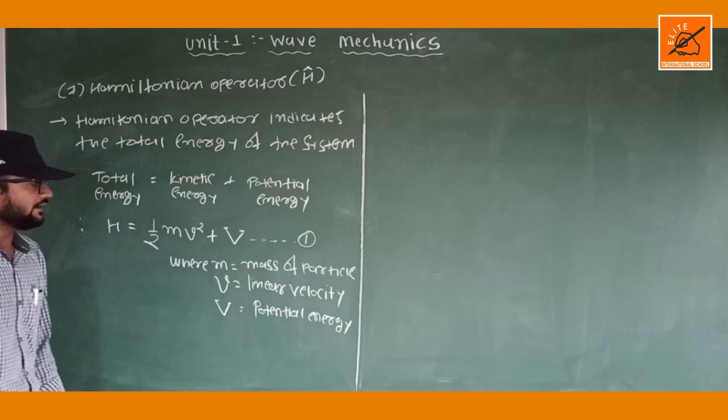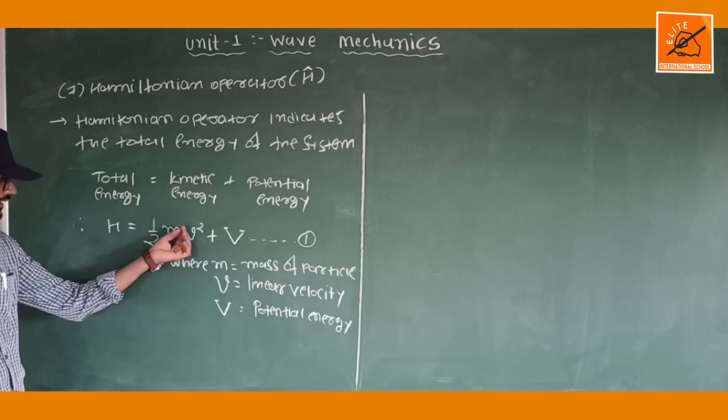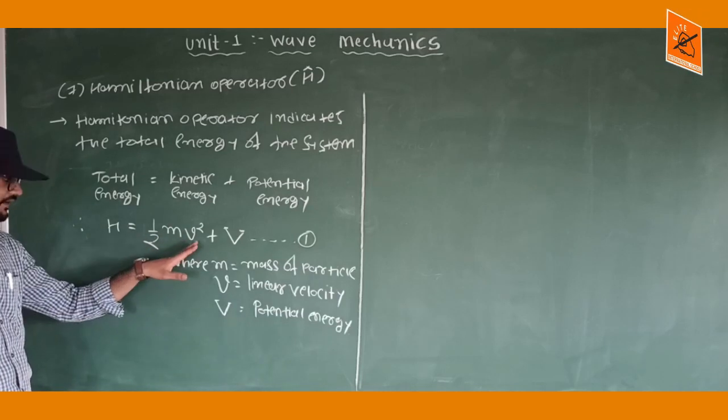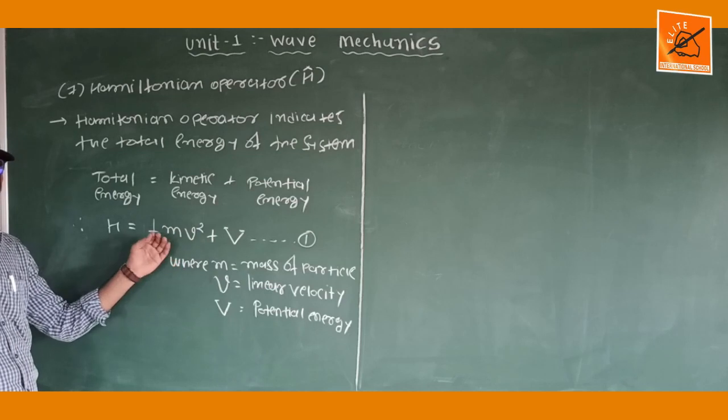Now, in equation 1, we multiply and divide by small m.